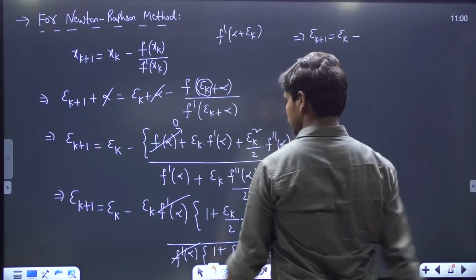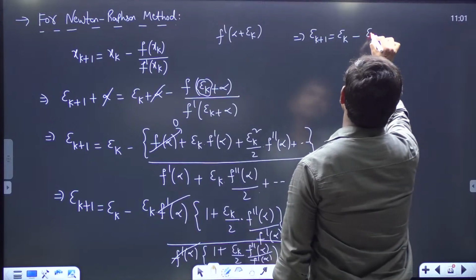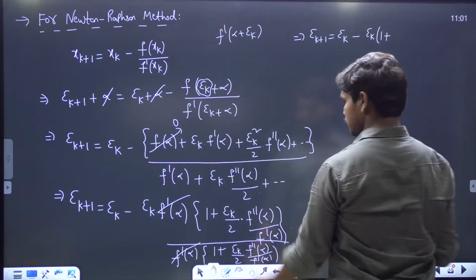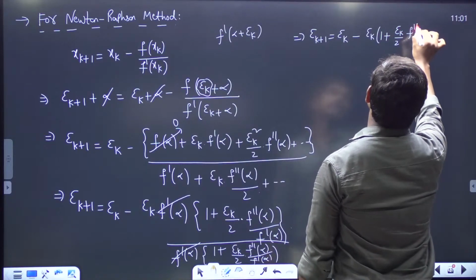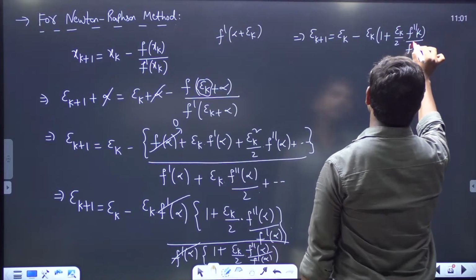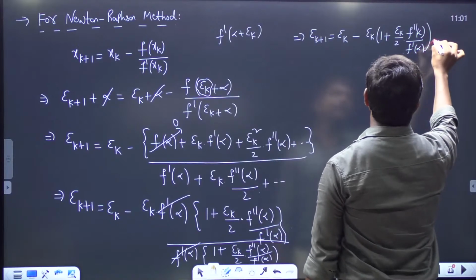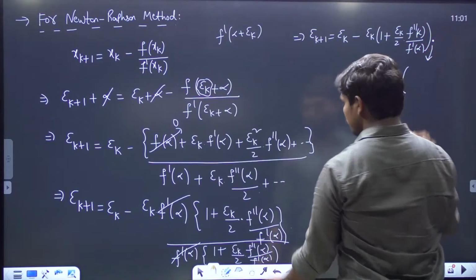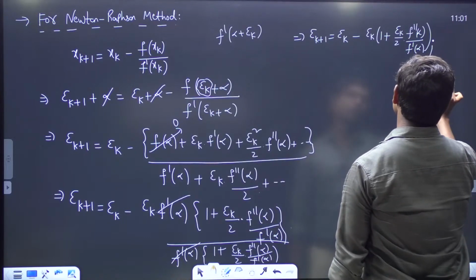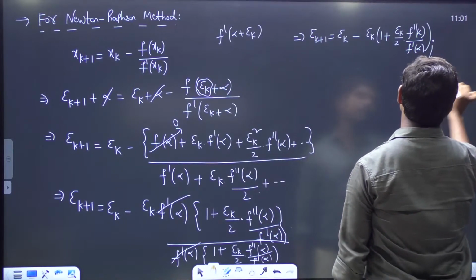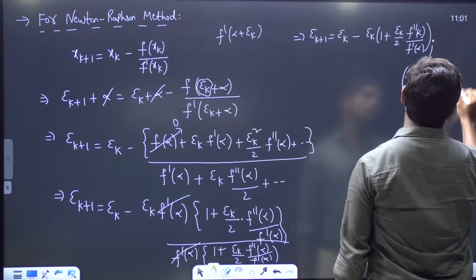You can cancel this f'(alpha) and f'(alpha) here, and you can write ek plus 1 is equal to ek minus ek of 1 plus ek by 2 into f''(alpha) divided by f'(alpha) into this term. If I shift it to the top, 1 plus ek by 2 into f''(alpha) divided by f'(alpha), the whole power minus 1.